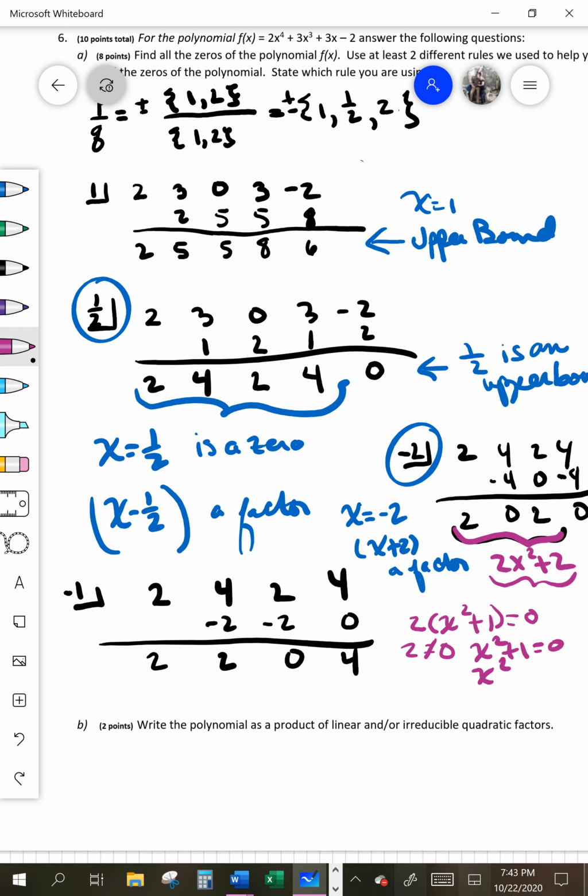We can use the square root method: subtract 1, take the square root of both sides. We get x equals plus or minus the square root of -1, which is i. So we found all of our zeros of this polynomial: x equals -2, positive 1/2, and positive i and negative i.